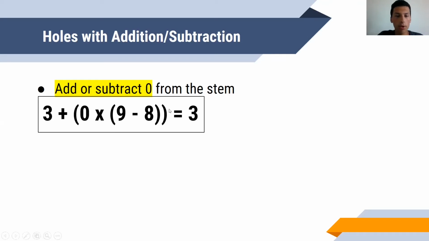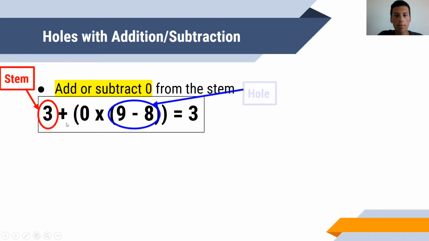So this whole phrase here is 0. 3 plus 0 is still 3. If you see what happened here, this 0 just canceled out the 9 minus 8. And the stem, which is 3, the vital part of our solution, remained the same. The padding was just the hole there.